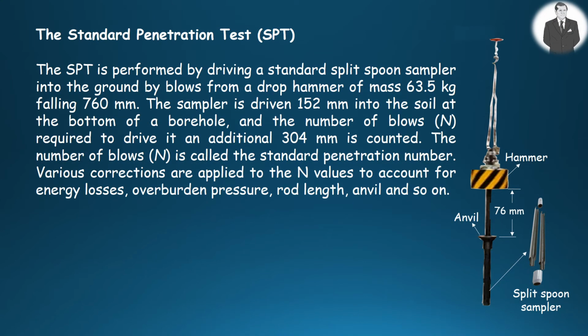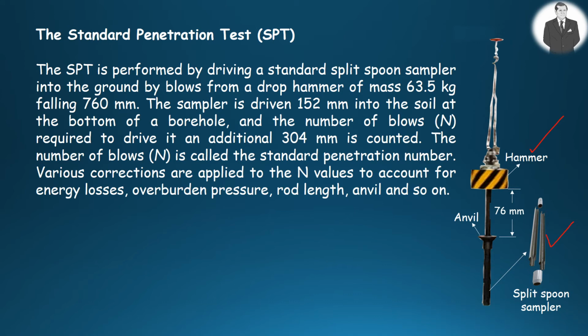A very well known in situ test is called the Standard Penetration Test, SPT for short. This test is carried out by driving a standard split spoon sampler, as you see in the figure here, into the ground by blows from a drop hammer of about 63.5 kilograms, falling freely from a height of 760 millimeters.